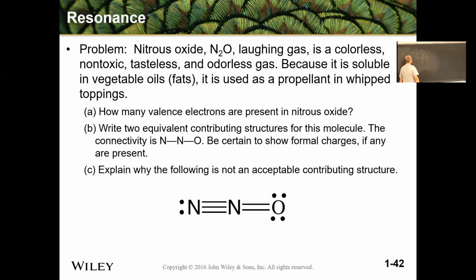A good place to start is from the negative charge. You never push from a positive charge. If we move a pair of electrons away from the negative charge, then we get that invalid structure that's shown on the bottom. And so that means that we have to push a pair of electrons this way.